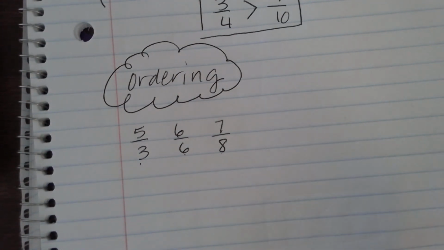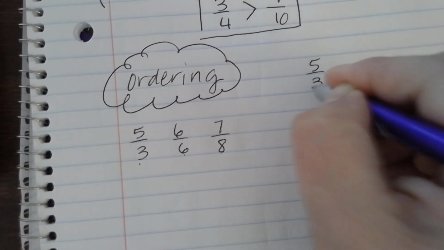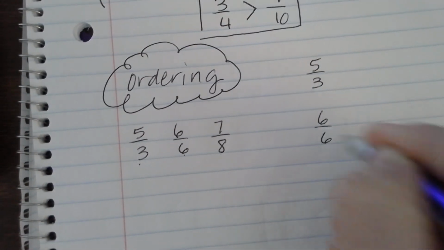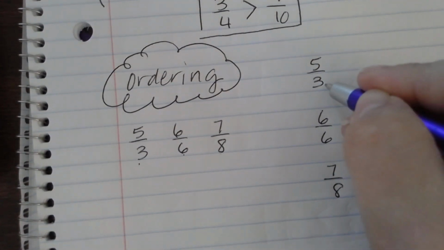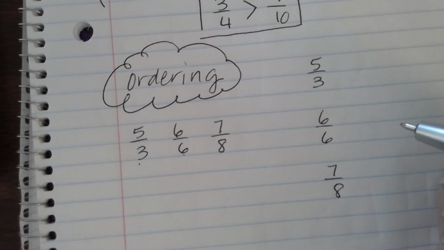So if I look at 5/3, 6/6, and 7/8, I'm going to compare them to what would make a whole. I'm not even going to compare halves because the first two don't even make sense, right?